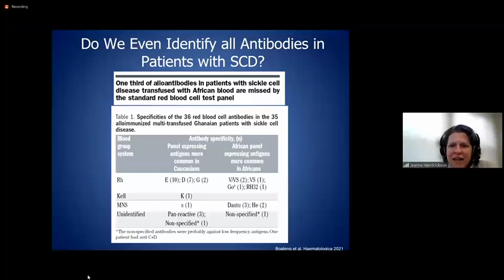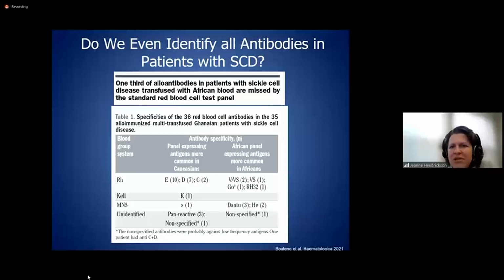This is a letter submitted by Dr. Boateng sometime earlier this year that I think points out a really important concept that we may not think about often enough. But basically her letter shows that we do not identify all antibodies in individuals with sickle cell disease because our screening cells that we're using are largely from Caucasian donors.